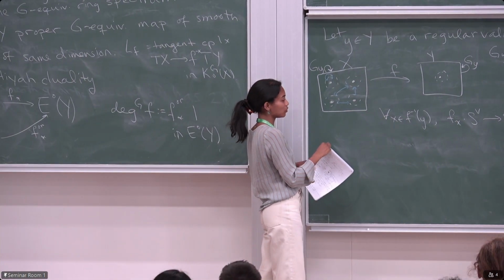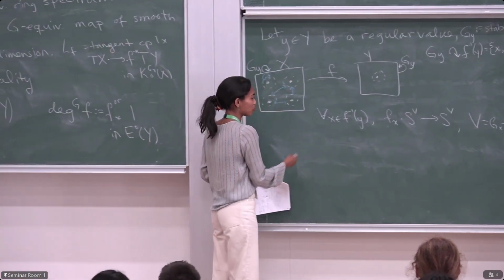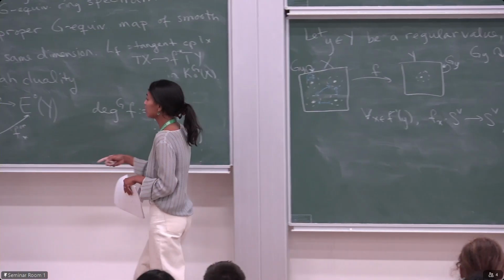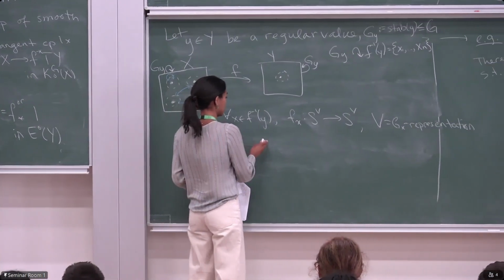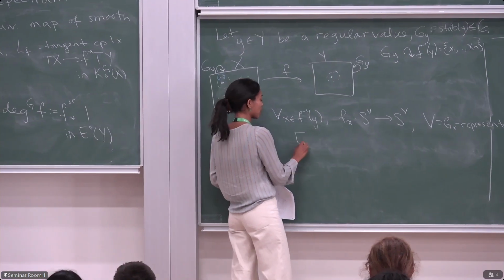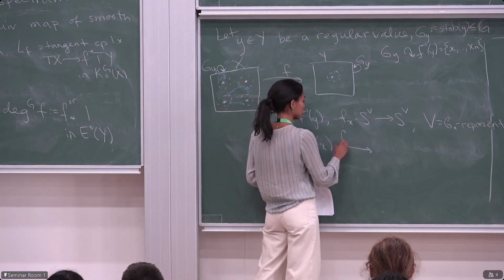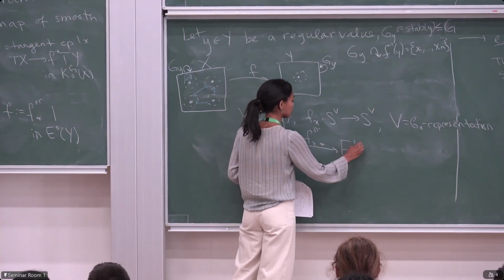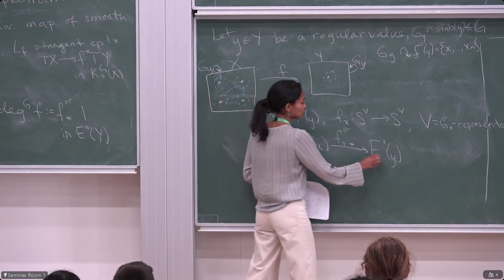So that's the best you can do, but this map that you get for every one point in the preimage of the regular value will be relatively oriented. You can pull this orientation back to get a map from the cohomology of little x to the cohomology of little y. It's just that this is only stabilizer of x equivariant.